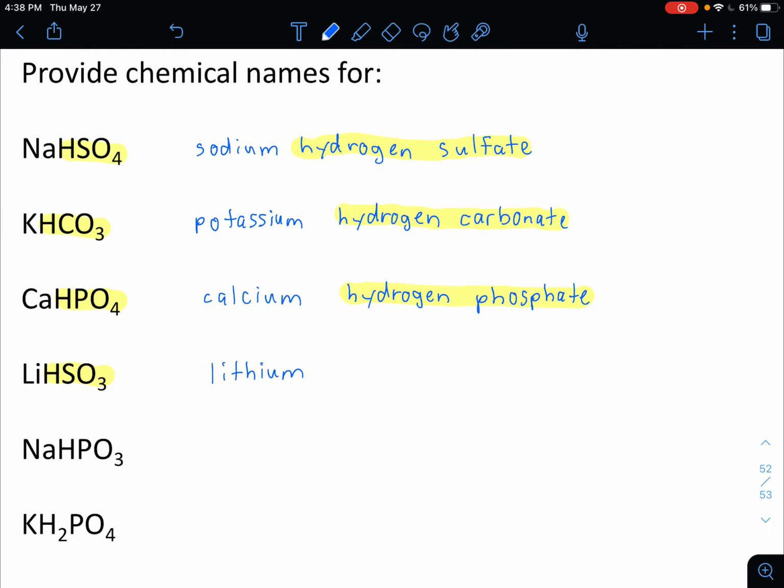So this will be lithium hydrogen sulfite. This next one, now instead of hydrogen phosphate, dropped an oxygen, so that's hydrogen phosphite. So that's going to be sodium hydrogen phosphite.